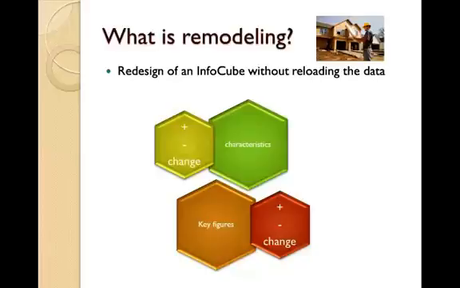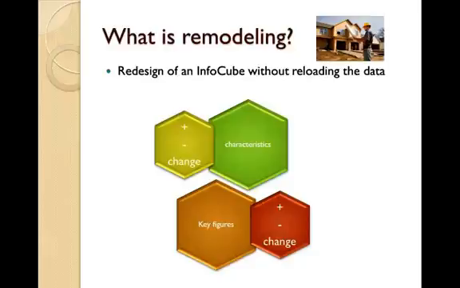Okay, finally, remodeling is another advanced feature in BW, which, as shown here, allows us to redesign an InfoCube without reloading the data. Okay. Now, why do we need to redesign an InfoCube? Because a lot of times, business conditions change.